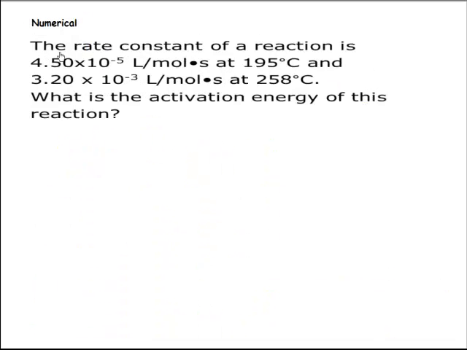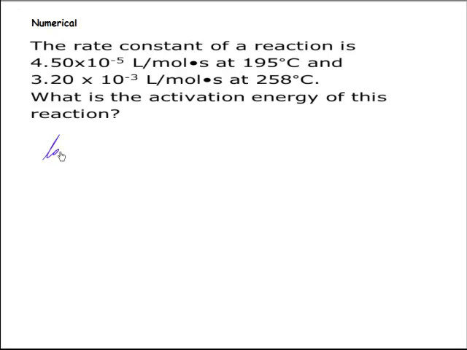Another one out here, the rate constant of a reaction is 4.5 into 10 to the power minus 5 liters per mole second at 195 degrees Celsius and 3.20 into 10 to the power minus 3 liters per mole per second at 258 degrees Celsius. What is the activation energy of the reaction?